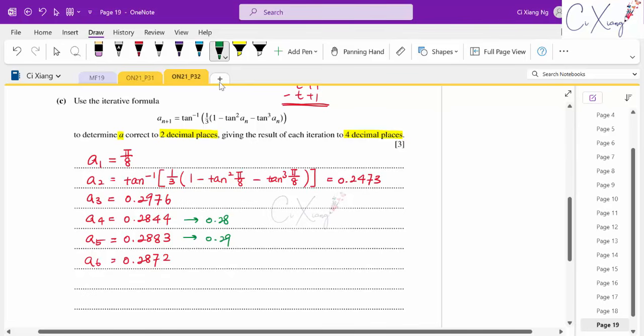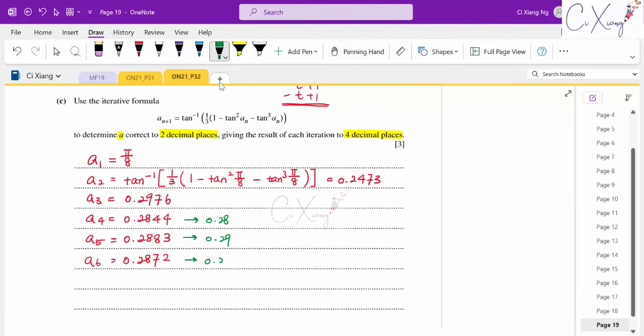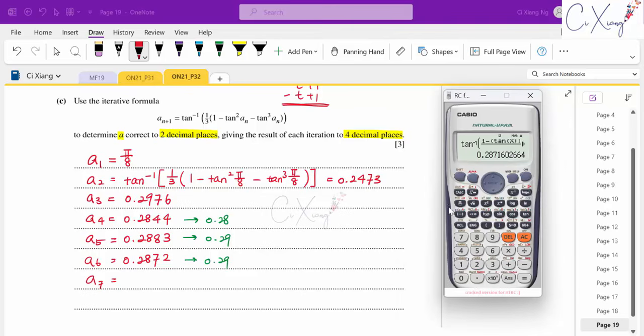If you double check again, this answer is 0.29 in 2 decimal places. So by right, you already can see the repeated value in 2 decimal places. For me, usually I prefer to double check one more time, so I will carry out the iteration one more time to make sure of the final answer.